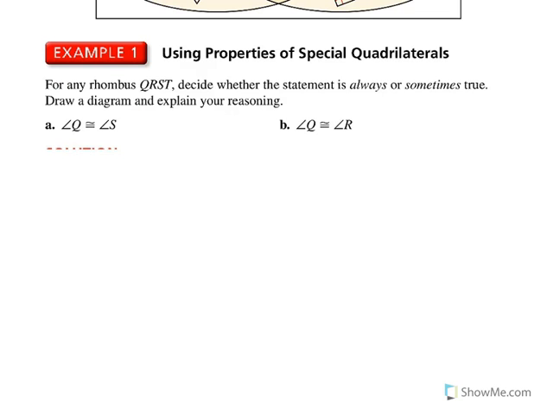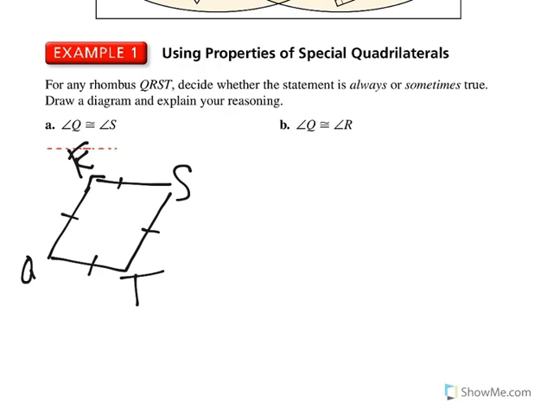Okay, and that brings us to our first example. It says, for any rhombus QRST, decide whether the statement is always or sometimes true, and then draw a diagram to explain your reasoning. Okay, so I'm just going to draw a parallelogram, and since it's a rhombus, that means all my sides are congruent. That's QRST.